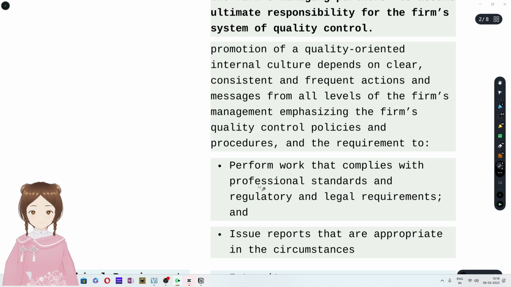The auditor has to comply with professional standards, regulatory and legal requirements. Professional standards are our professional ethics and standards on auditing. Audit has to be done as per auditing standards. Regulatory and legal requirements are the Companies Act, and for banks the Banking Act, Insurance, NBFC, PSU, as their requirements.